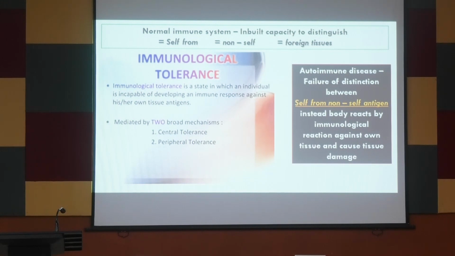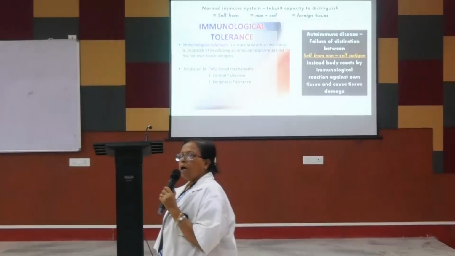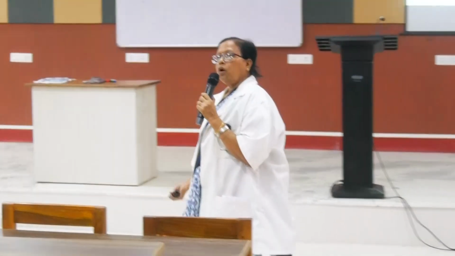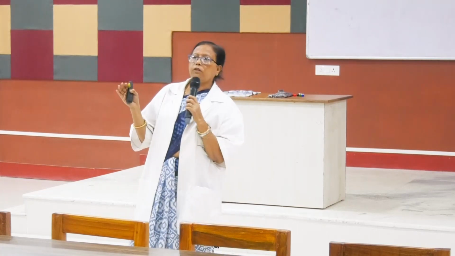Central tolerance refers to the developing immunocompetent cells, the T cells and B cells. T cells, after development, go to the thymus, and B cells to the bone marrow and lymph node. For their CD markers and for maturity, T cells come out of the thymus to the periphery, and B cells likewise come from the bone marrow and lymph node.